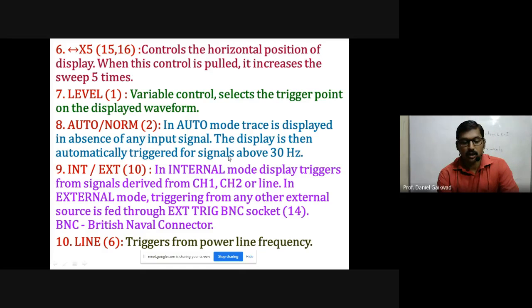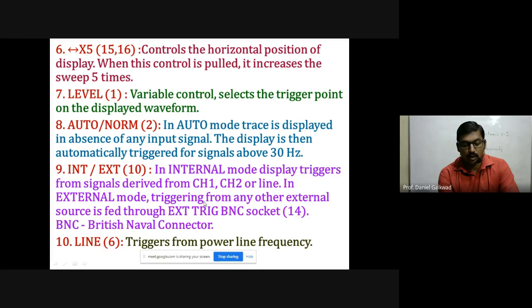Channel 1 means we give input signal first, and channel 2 is input signal 2, so there is a provision for dual, two channels, at which we give the signal, and from that signal the trigger will be taken if it is in internal position. If you press the button, then in external mode, triggering from any other external source is fed through the external trigger BNC socket 14.